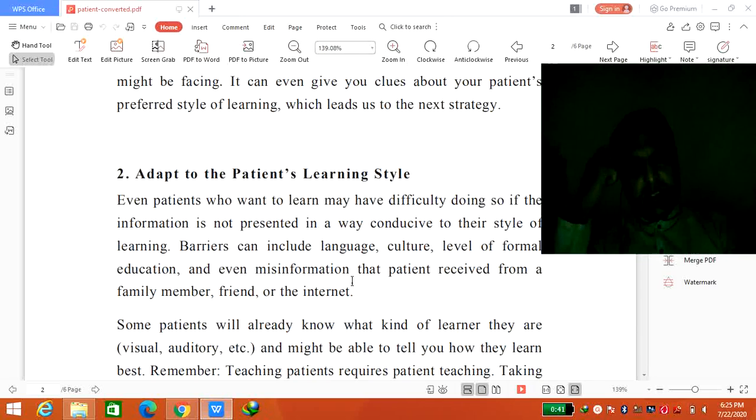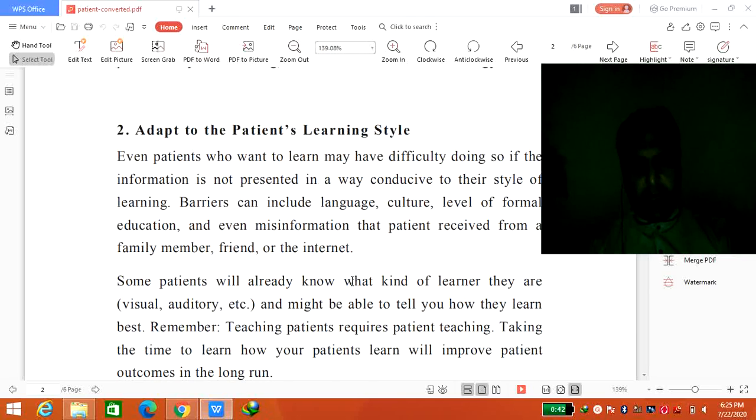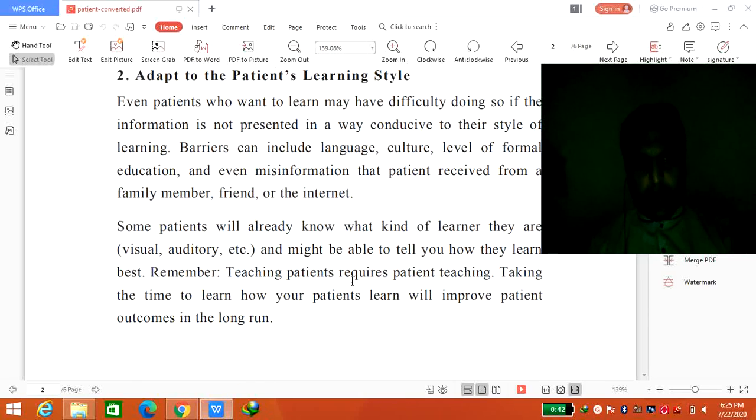It is very important for the provider to start a discussion in a very good way, in respectful language, so that the patient can easily learn the things, easily pick up the points, and never get bored. So yes, of course, adapting to the patient's learning style is very important, especially for the provider.